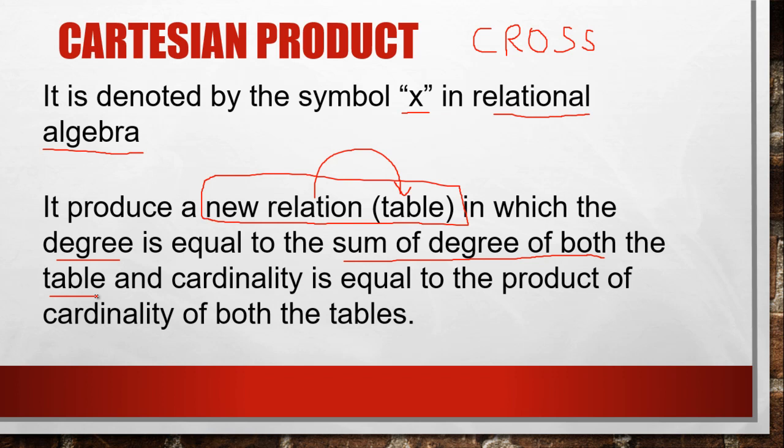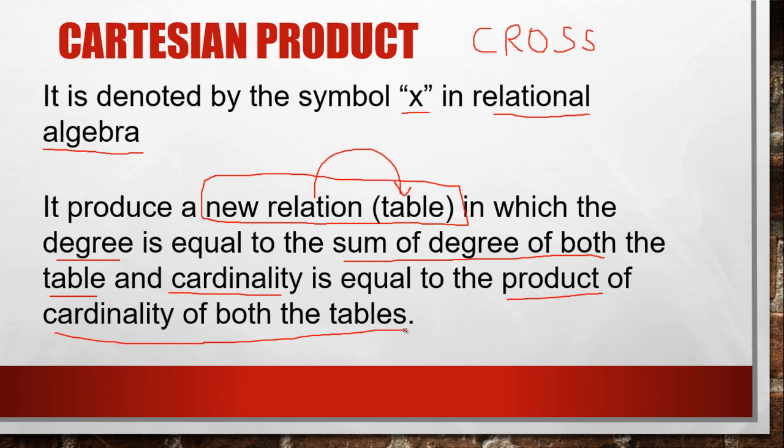And what is the degree? Degree is basically the total number of attributes in both the tables. Okay, and the cardinality of the resultant table is equal to the product of the cardinality of both the tables, right?